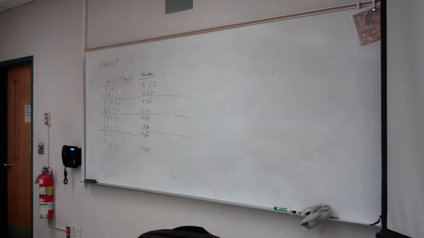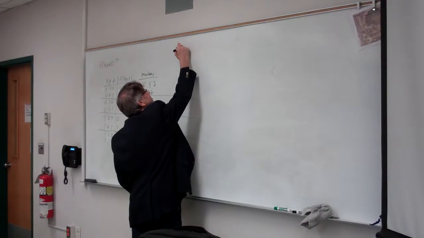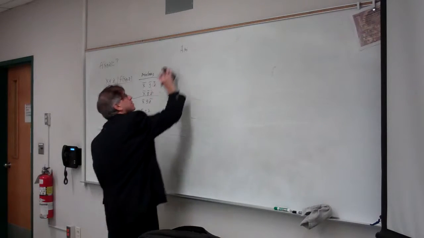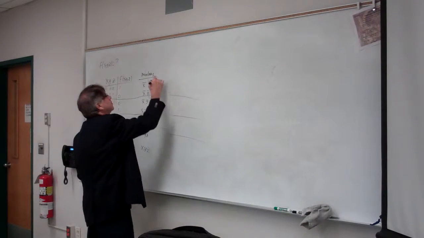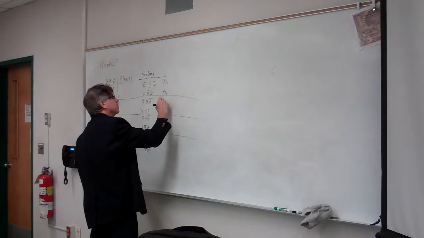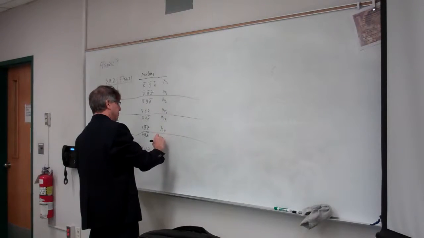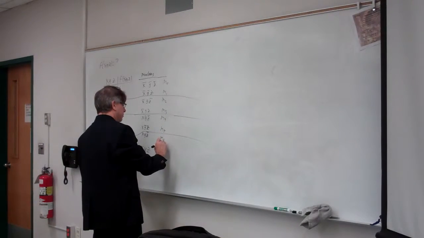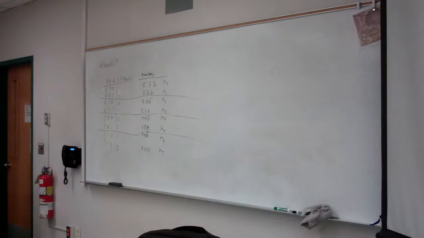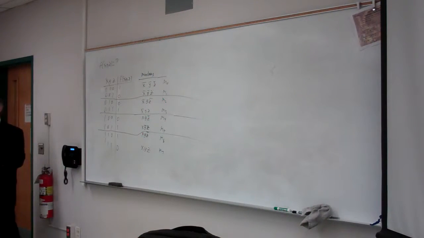So to write a function for f, let's try to keep the parallels. So we represent these minterms with lowercase m's, followed by the row number, where we start from row 0, 1, 2, 3, 4, 5, 6, 7.